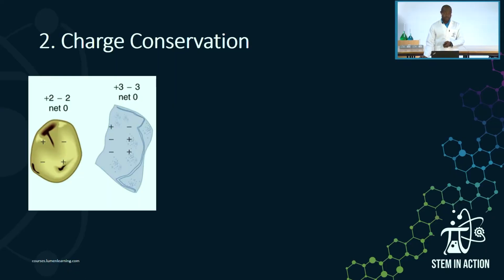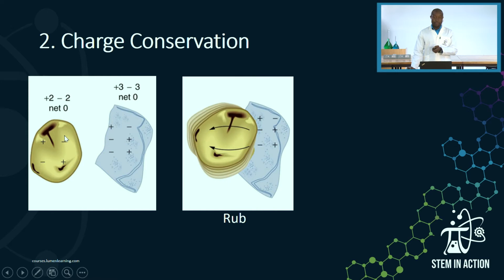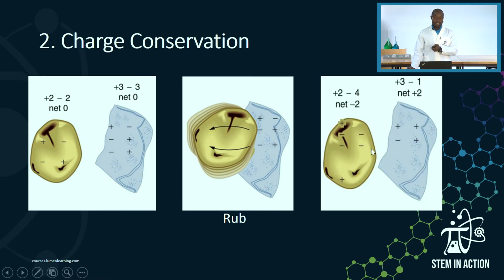So if we start with this image where we have two objects, and we have got those negative charges and positive charges on this object, and we have got the same scenario there. Both objects are neutral because they have equal numbers of negatives and positives. If we rub them together, what's going to happen is that we are going to transfer electrons from this object to that object.